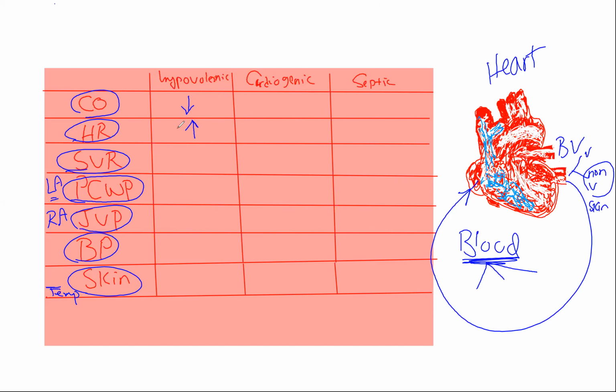Okay. What is systemic vascular resistance? This is blood vessel state. Do you have blood vessel constricted, vasoconstricted, or vasodilated? Okay. So now we will clarify that.